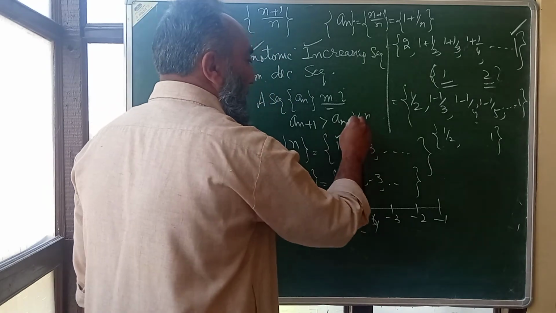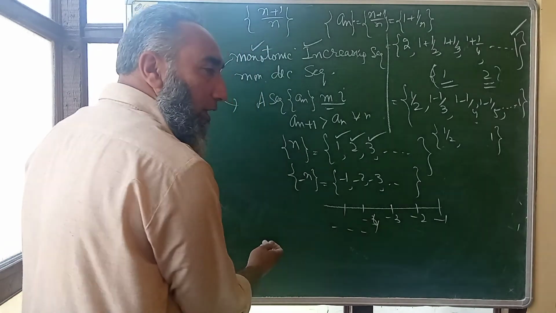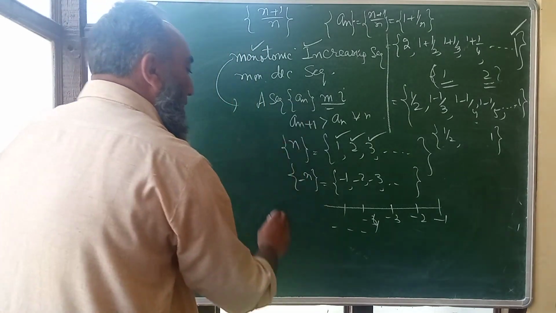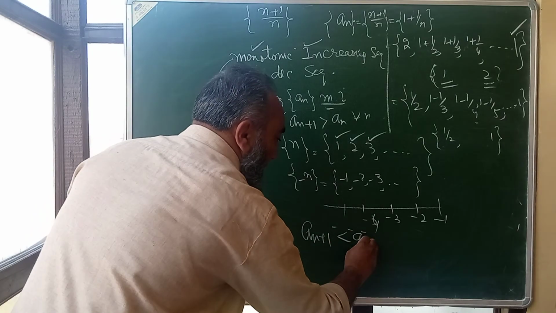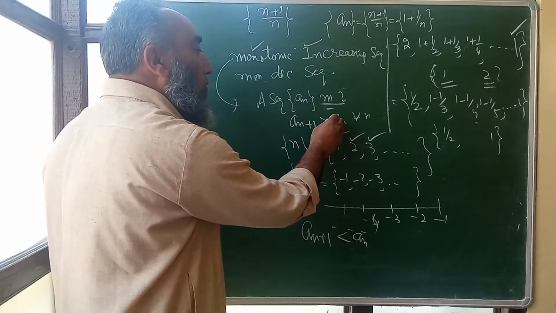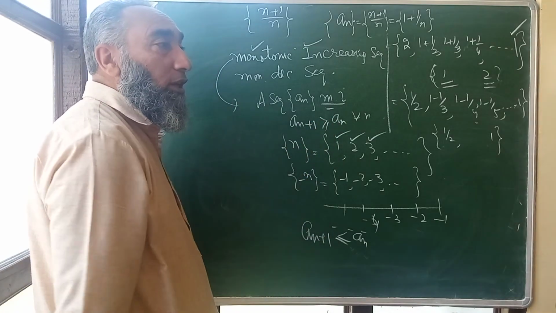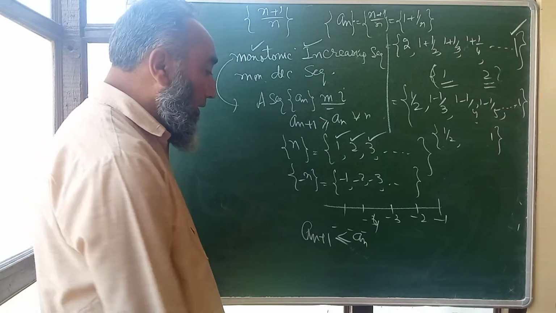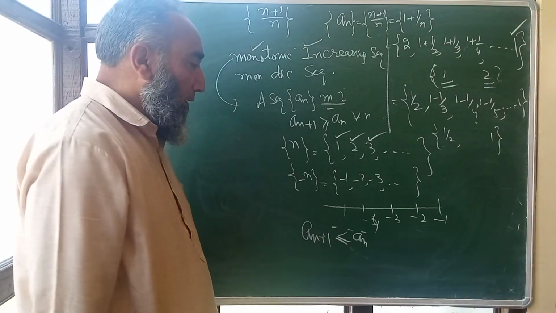So a sequence an is said to be monotonic decreasing if a(n plus 1) is less than an. Actually, it is greater or equal and lesser or equal. But if it is strictly greater, then we say it is strictly monotonic increasing. If it is strictly less than, then we say it is strictly monotonic decreasing.